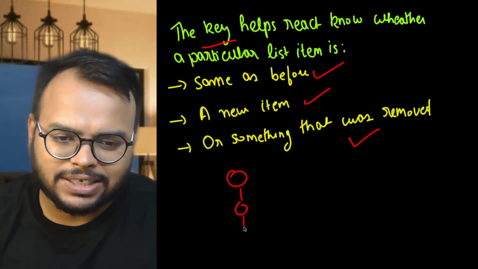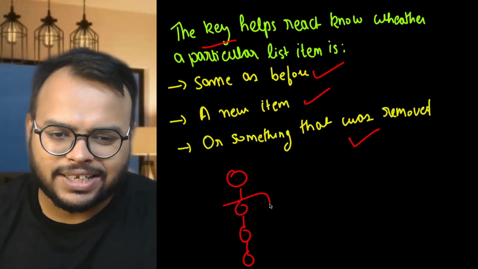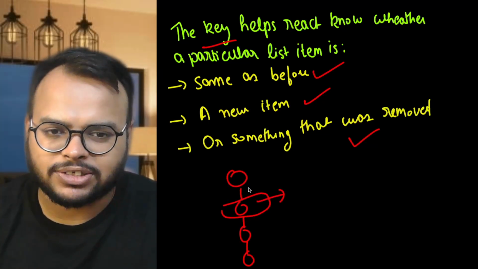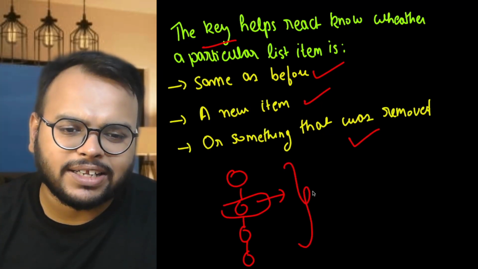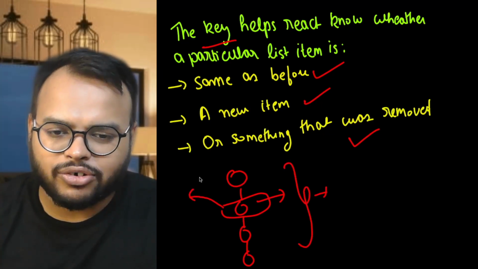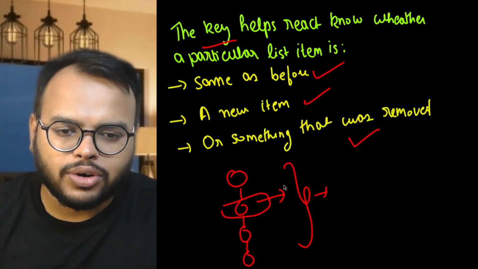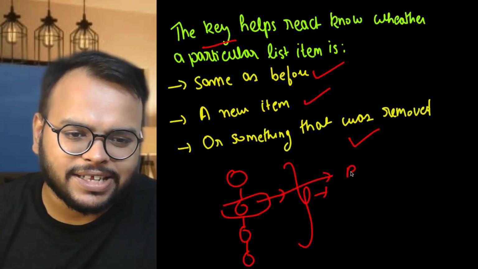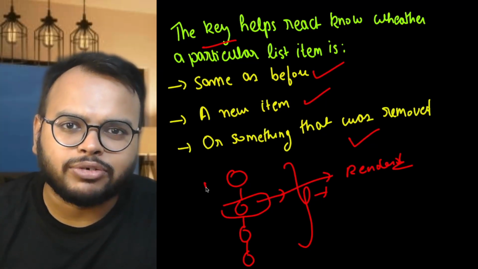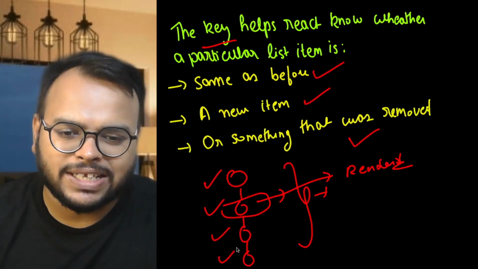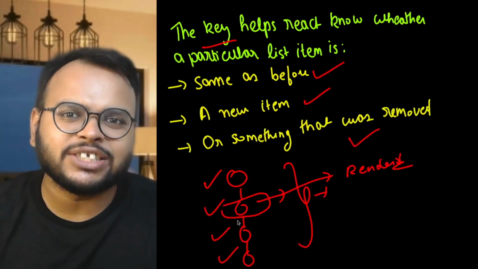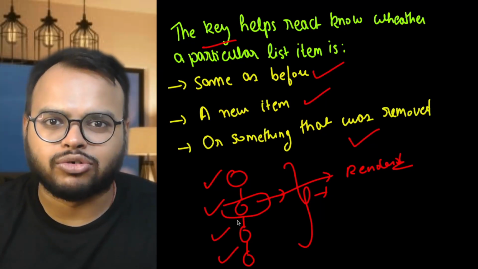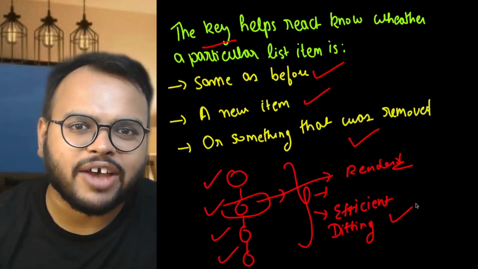Suppose this is the list updated in the DOM and this is the item that is being changed. Instead of re-rendering the complete component, React only re-renders this part. Only the part that changed is re-rendered, and we are able to track this only when all of these have a unique key. This is what exactly happens under the hood, and this concept is called efficient diffing.